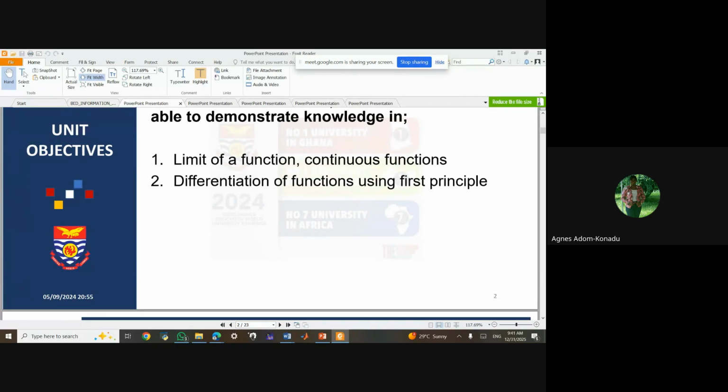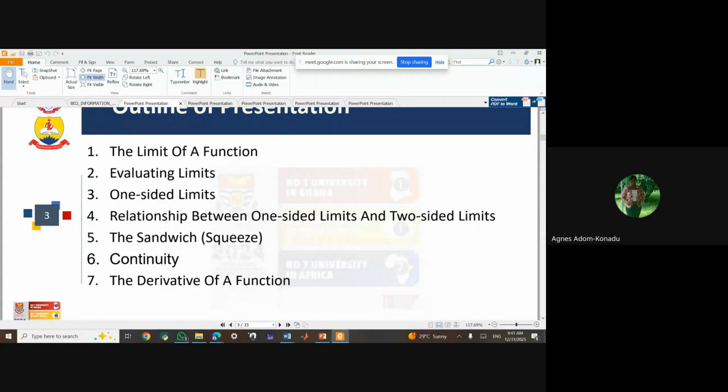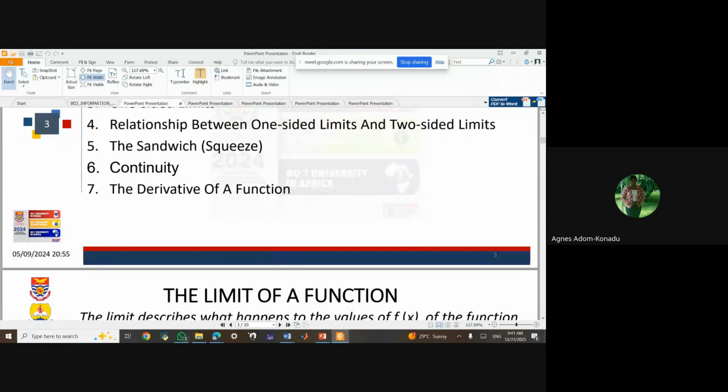Those who did elective maths know all these things. The outline: we'll look at limits of a function, evaluating limits, one-sided limits, the relationship between one-sided limits and two-sided limits, discrete theory, continuity, and then the derivative of a function.